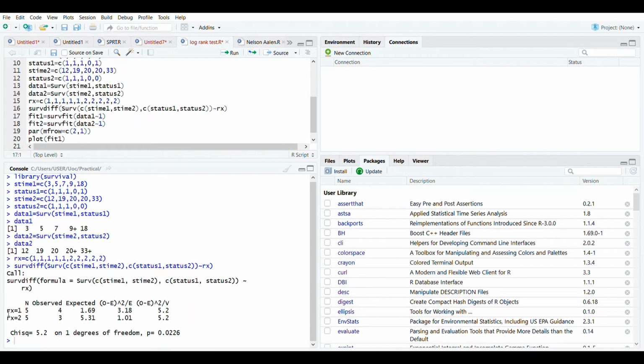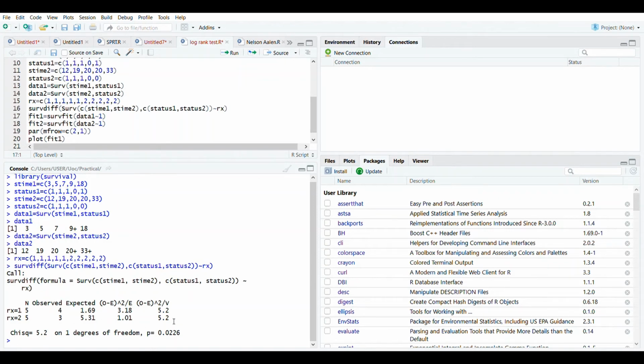Here, Rx equal to 1 represents group 1, that is treatment A, in which we have 5 observations, 4 of them are exact, and the expected frequencies and the chi-square test statistic value. We obtain it as 5.2 for treatment A, and similarly for treatment B, Rx equal to 2, we have 5 observations and 3 of them are exact.